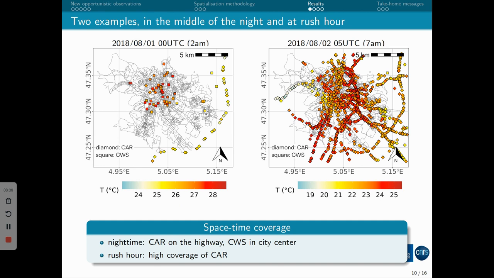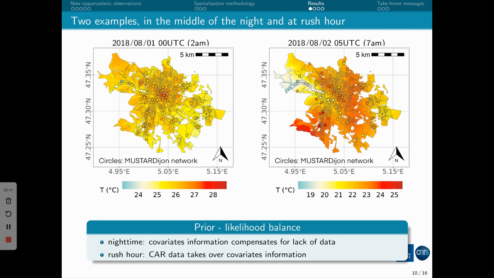While during the daytime, rush hour in the morning, you have a lot of cars, so there are some different amounts of data. And then we can use the Bayesian model to produce maps now on the whole territory, not only along the road, for the nighttime or for the daytime.